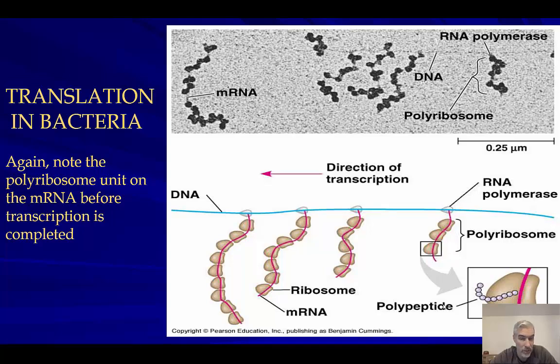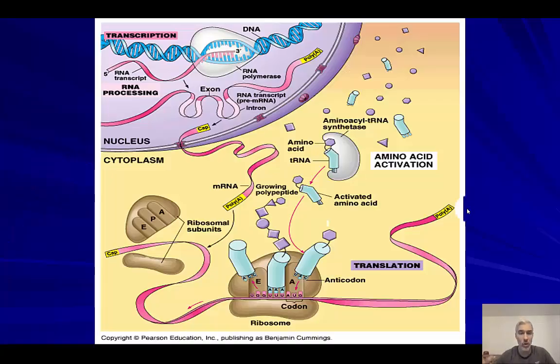In eukaryotes, transcription happens in the nucleus, and in prokaryotes, it happens in the cytoplasm, whereas translation occurs in the cytoplasm in both. Okay, so remember, if you ever see this, this means it has to be a prokaryote because transcription and translation are occurring simultaneously.